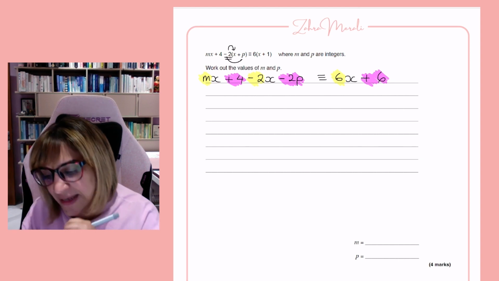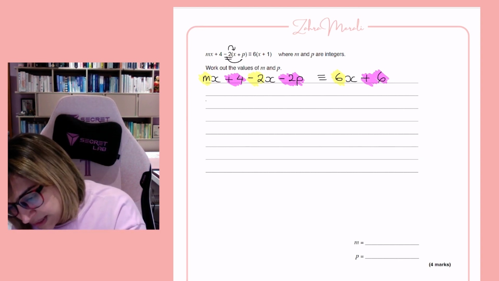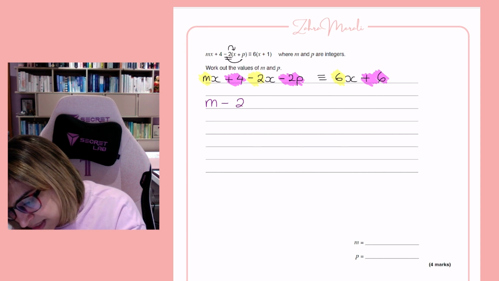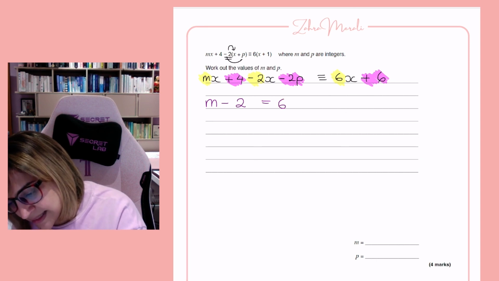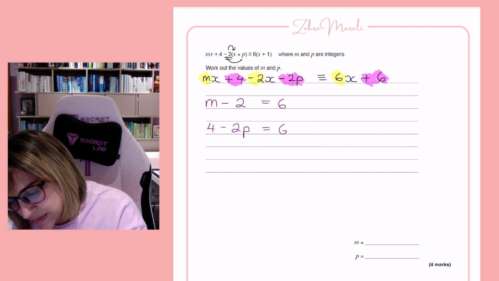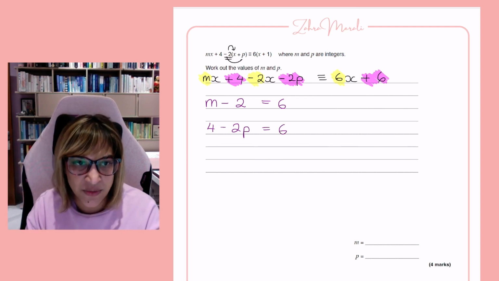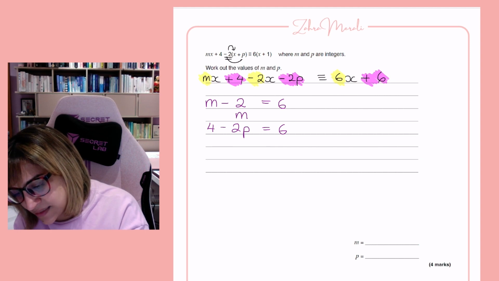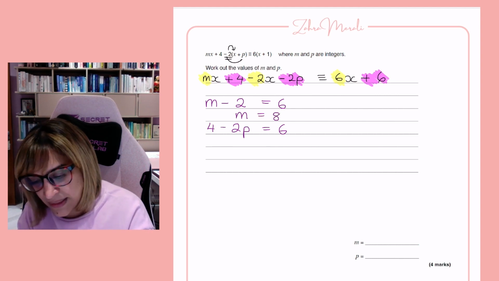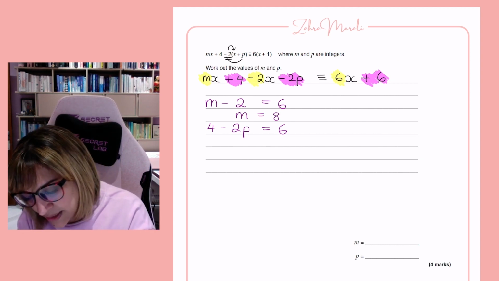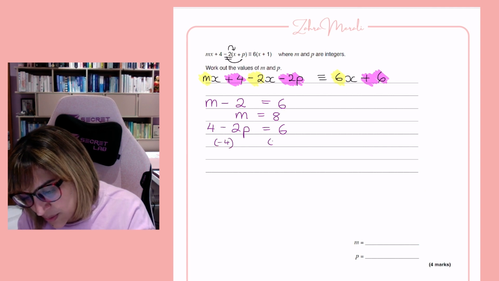So now what I've ended up with is my yellow bits, if you like, the bits in front of the x: m minus 2 equals 6, and 4 minus 2p equals 6. So the first one's going to give us m equals 8 by adding 2 on both sides. Here we've got to do minus 4 first from both sides. So we get minus 2p equals 2.